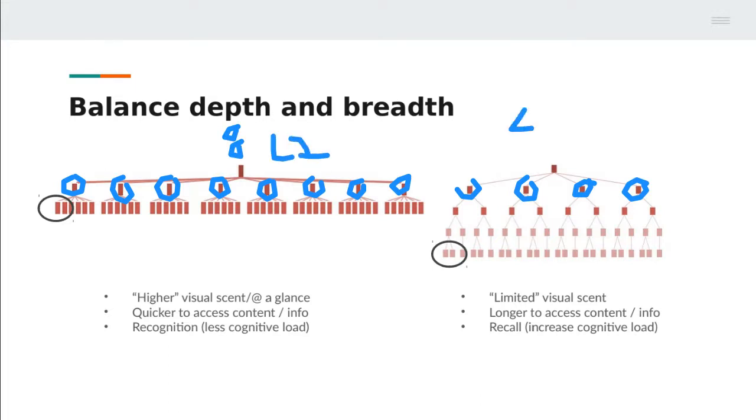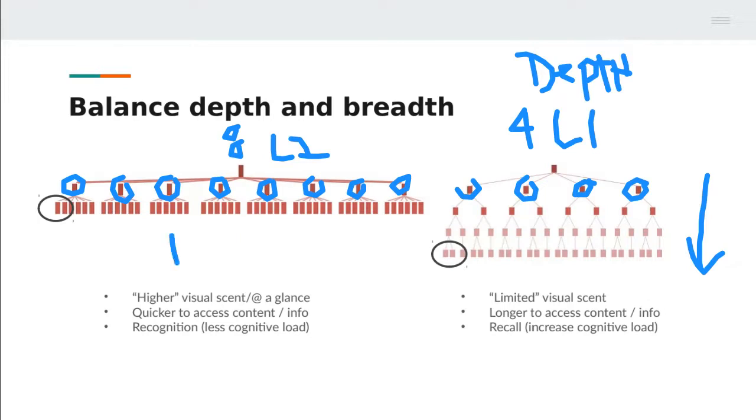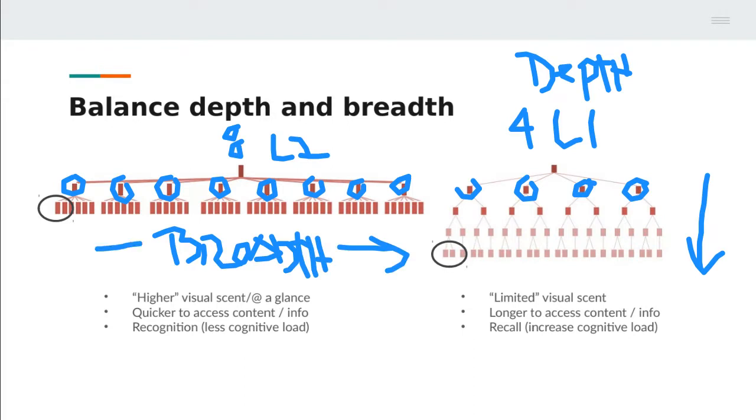This one has 4 L1. So you see we have more levels. We go in depth, right? So this is depth. This one is breadth. Think of breadth as width, and then here it's dense, that is depth. Width and depth.